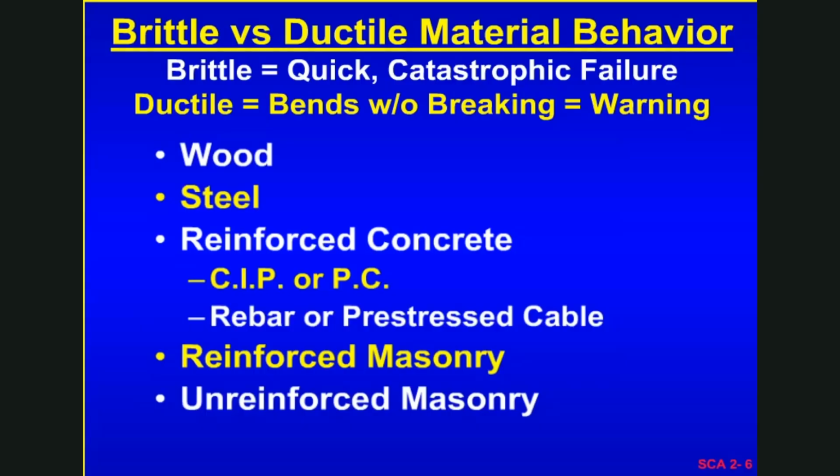But there is a class of structure called post-tension concrete structures where the cable is laid in a sheath in the forms before the concrete is poured. The concrete is poured around that. Cable is then stretched and anchored at the ends of the slabs. And that kind of structure, normally parking structures or first-story structures in apartment houses, can be problematical because if that slab is damaged at one end, the cable then is loosened and the entire structure is in question. So that's not one of the favorite kinds of structure for rescue engineers.